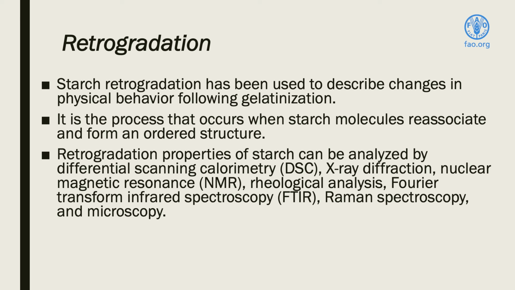Next one is retrogradation. Starch retrogradation has been used to describe change in physical behavior following gelatinization. It is a process that occurs when starch molecules reassociate and form an ordered structure. Retrogradation property of starch can be analyzed by DSC, X-ray, NMR, FTIR, Raman spectroscopy, and microscopy.